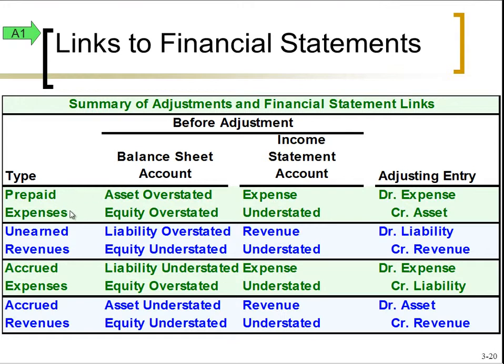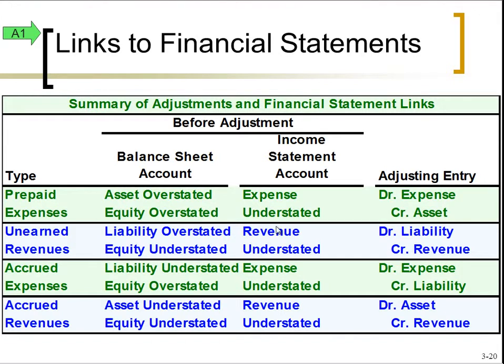With a prepaid expense, we debit an expense which increases it, and we credit the asset which reduces it. So before we increase that expense, the expense is going to be too low. It's going to be understated. Before we decrease the asset, it's going to be too high. It's going to be overstated. Now let's tie expense into equity.